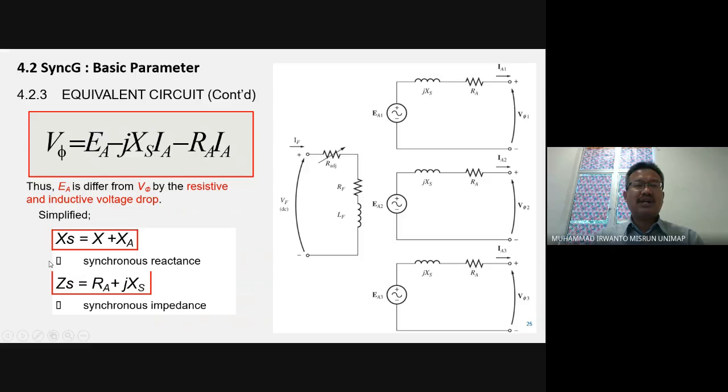So we can write V phase equals EA minus IA multiplied by (Ra plus jXs).